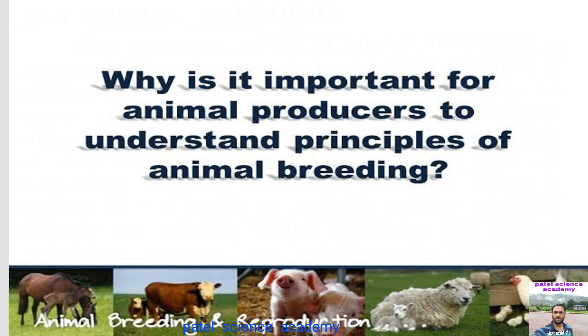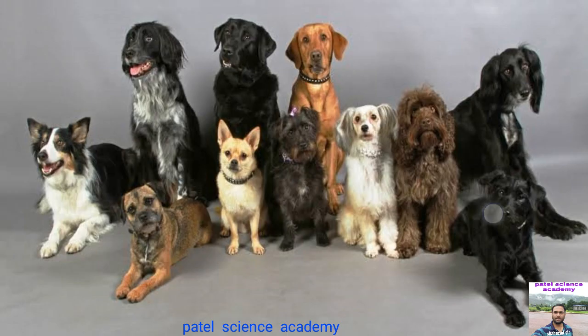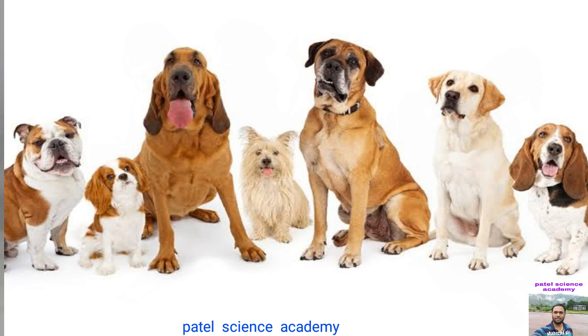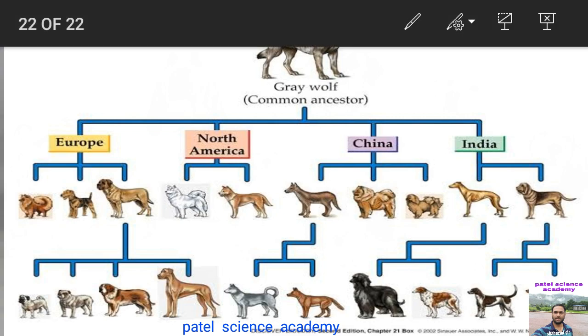Breeding can be of two types: inbreeding and outbreeding. All these you can see here are breeds from a single breed group. These are breeds of dogs. In this breed, the ancestor is common, their parents are common.